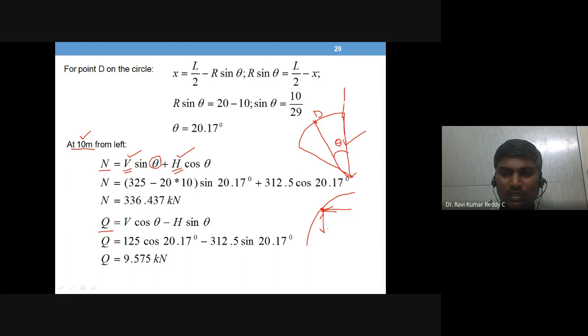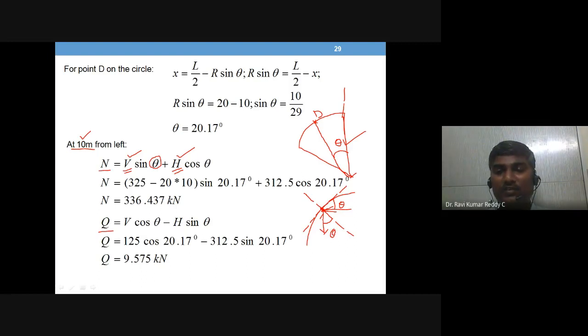This is the vertical direction. This is the normal direction that we took earlier to derive those expressions, written as theta in those expressions. And this is the radial line, which is also mentioned as theta.